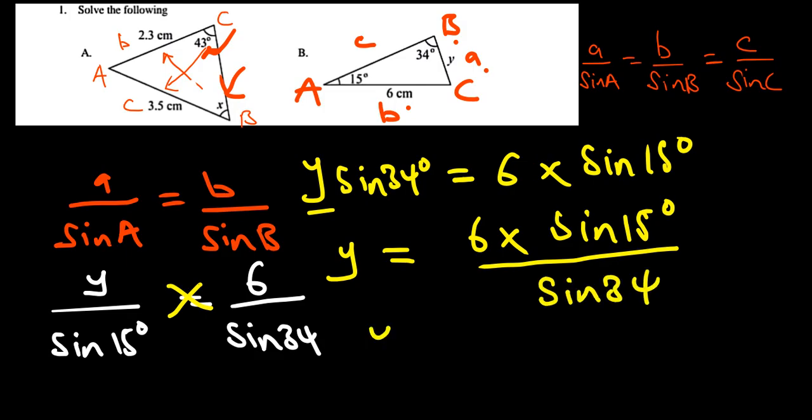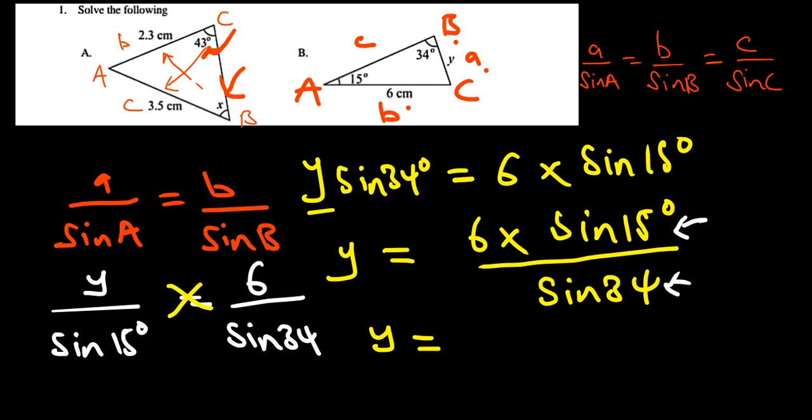What's remaining is just to punch this into your calculator. So I have 6, make sure you put them in brackets: open bracket, 6 multiplied by sine 15, and then I'm dividing that by sine 34.